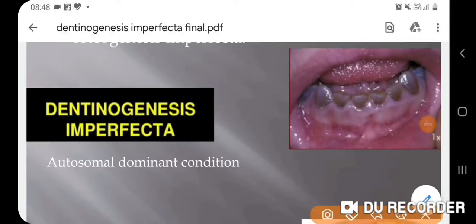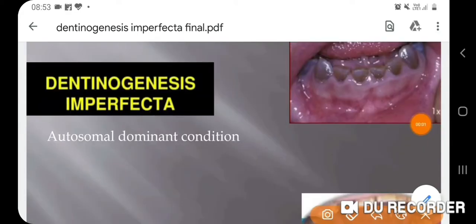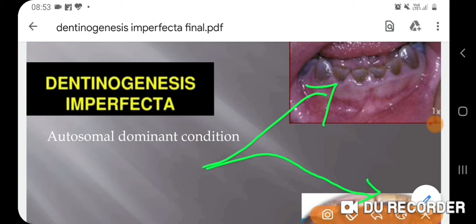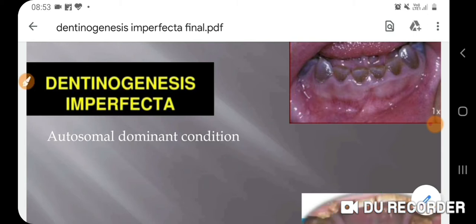We come to the topic: what is dentinogenesis imperfecta? Dentinogenesis imperfecta is an autosomal dominant condition affecting both deciduous teeth as well as the permanent teeth. Both dentitions are affected. So now, what is an autosomal dominant condition?